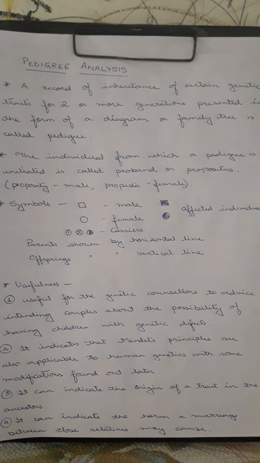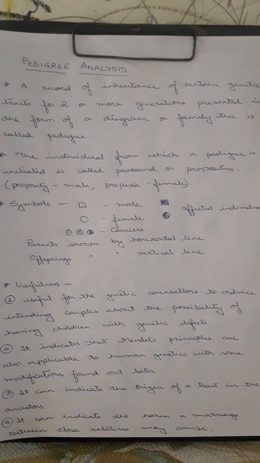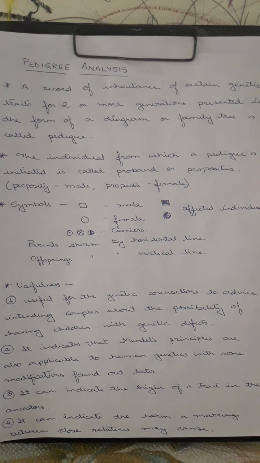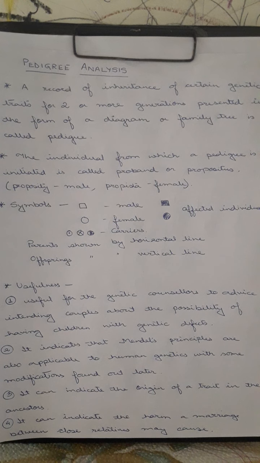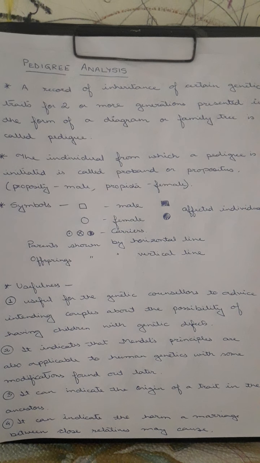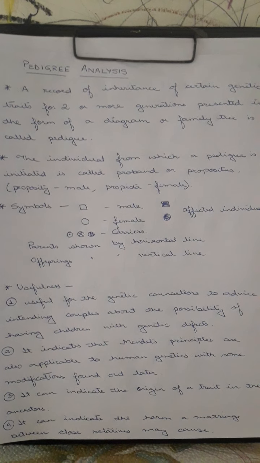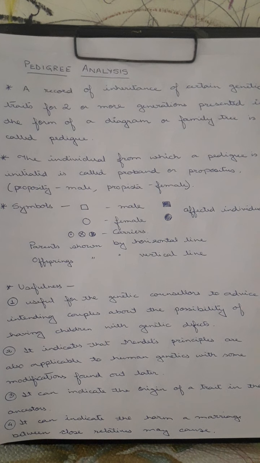Now, this is very much useful in genetic counseling. If any disease or infection is present in a particular family, then with the help of counseling we can make people aware of the genetic disease so that it is not transmitted from one generation to the next. It also helps to indicate that Mendelian principles are applicable to human genetics.